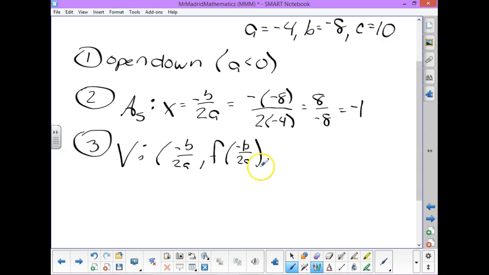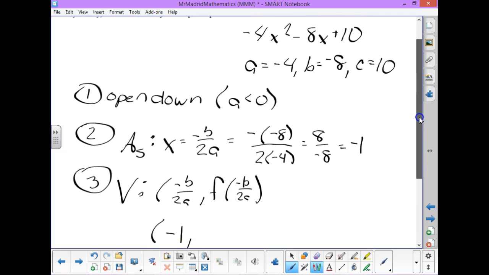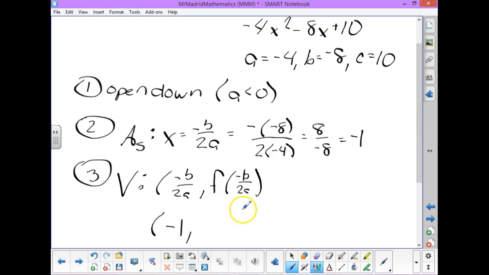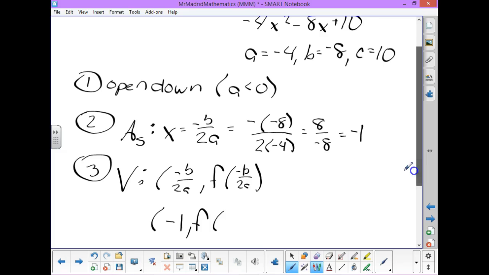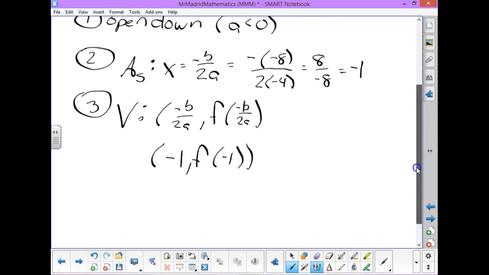Alright, now what I'm going to do here is simply substitute. I don't have to do this anymore. It was already done here. So I've got -1. And f is the function. So basically the function, the one we're given, you have to plug in -1. Where did the -1 come from? Right there. So that's what we're going to do.